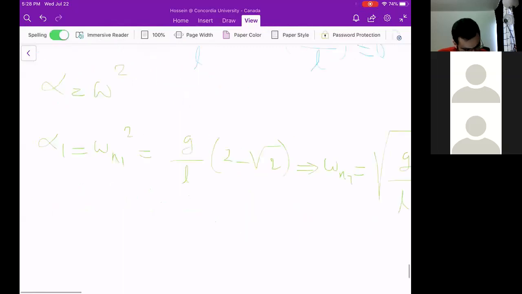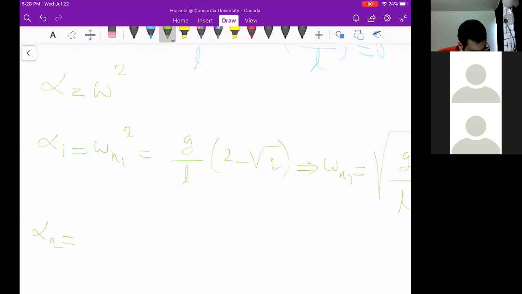And alpha 2, omega n2 squared, is going to be g over L times 2 plus square root of 2, therefore the second natural frequency is going to be g over L times 2 plus square root of 2.